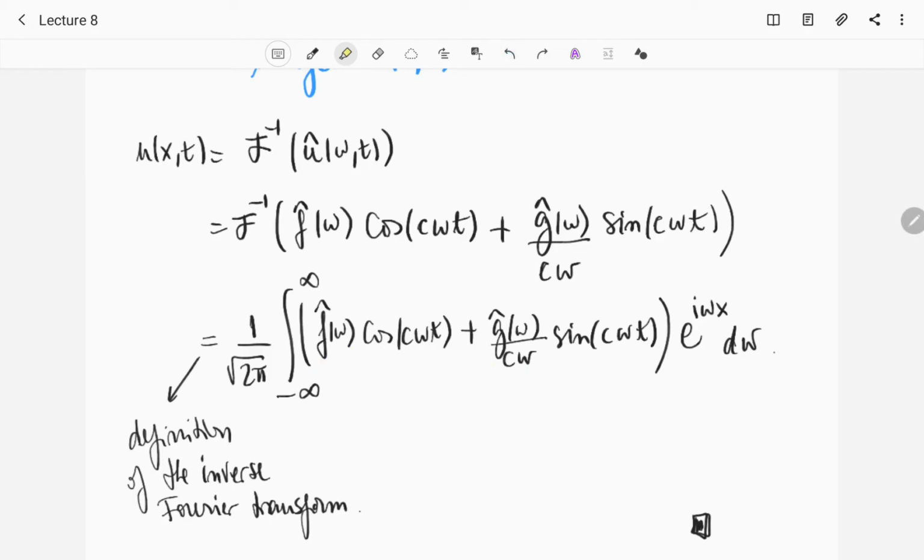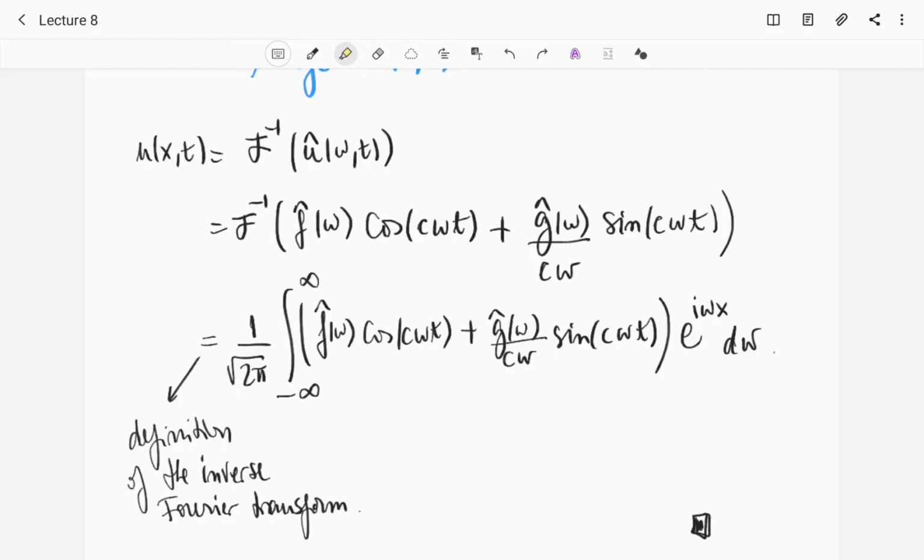So three steps, super clear. The first one, I have a partial differential equation. I Fourier transform the problem and get an ODE where the variable is t and the function is the Fourier transform of u.